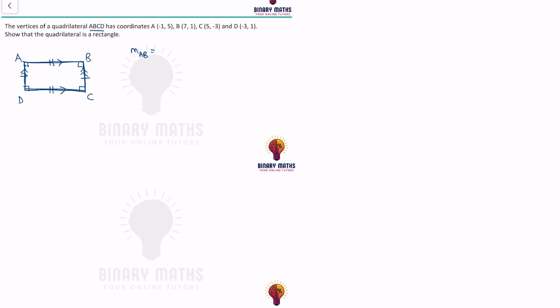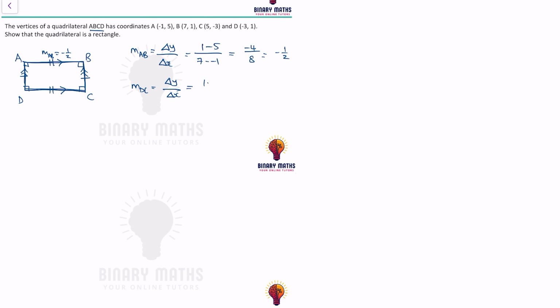The gradient of AB is change in y over change in x. So it's going to be 1 take away 5 over 7 take away -1, which is -4 over 8, which is equal to -1/2. Okay, so gradient of AB is equal to -1/2. Okay, if I do the same thing for gradient of DC, again, it's change in y over change in x.